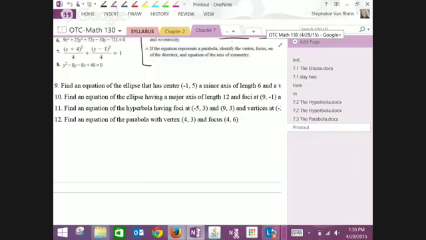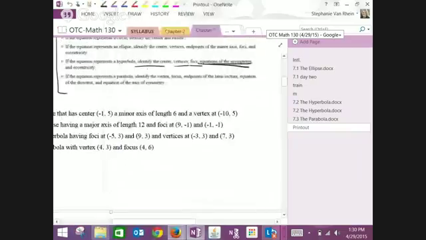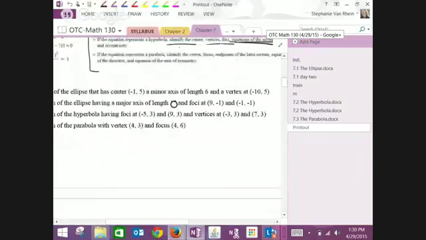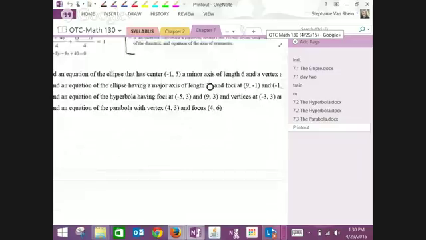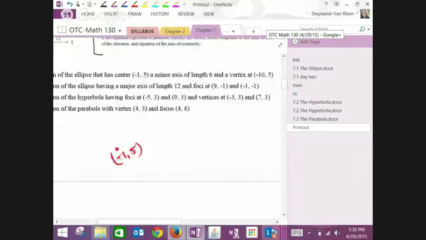So it's an ellipse, and it tells you the center, and the minor axis has a length. I put my center. Oops, my pen's dying. Center at -1, 5. Minor axis of length 6 and a vertex at -10.